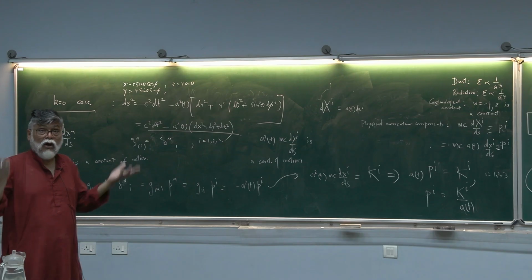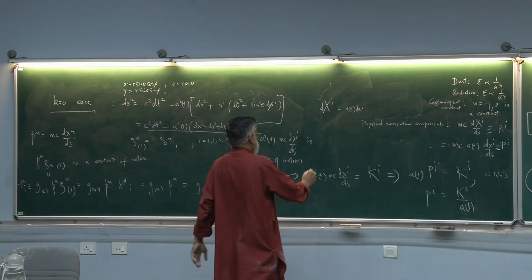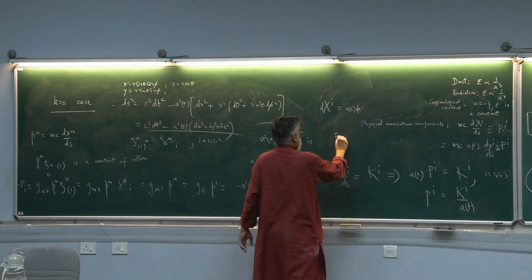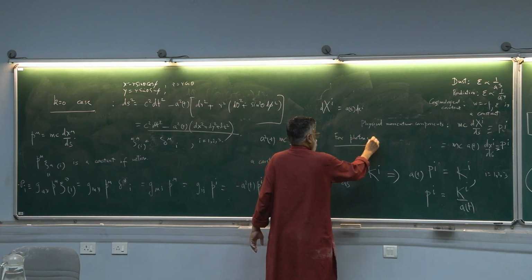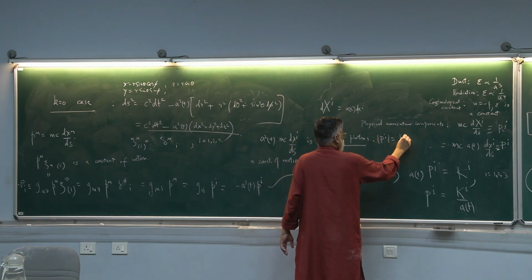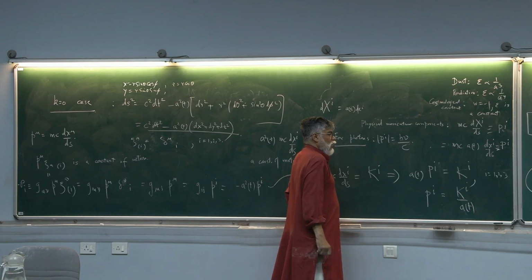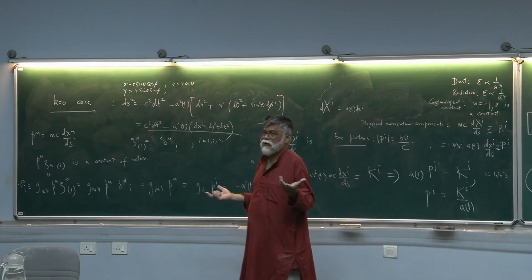Now you ask about photons. For photons, the magnitude of pi is nothing but h nu by c, where for a photon having energy h nu the momentum magnitude is h nu by c.